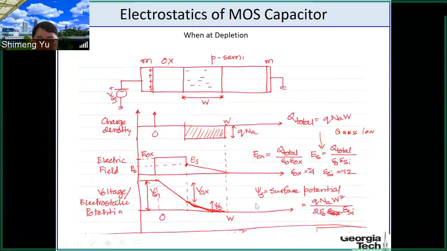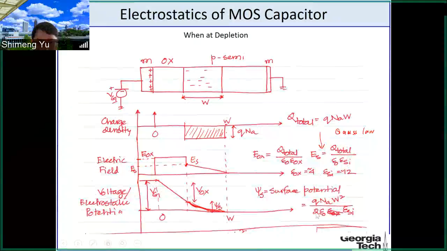Or in other words, the potential here will be proportional to the square of the W, because it's a second order function from the first order linear function. And also, if you think about the integration from the linear function to the second order function, like x, if you do the integration of x, then x will become 1/2 x squared.